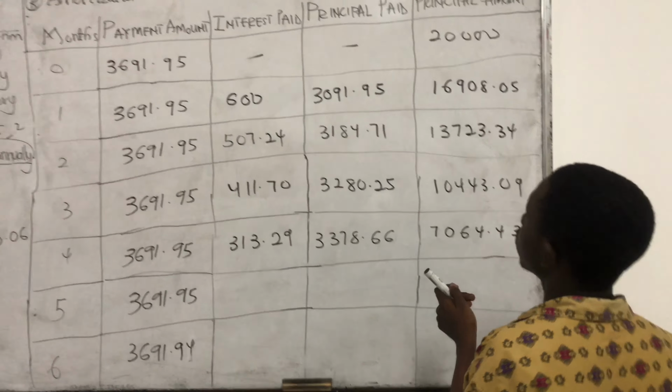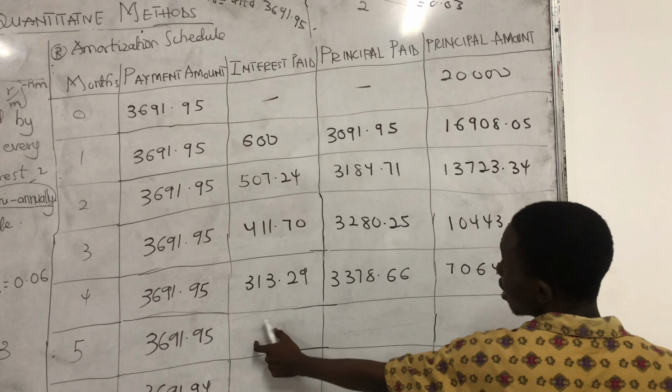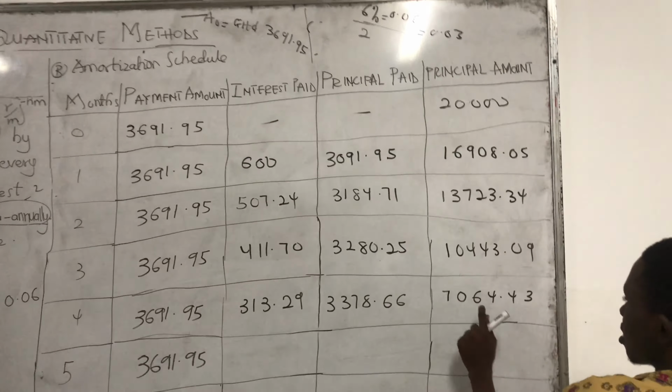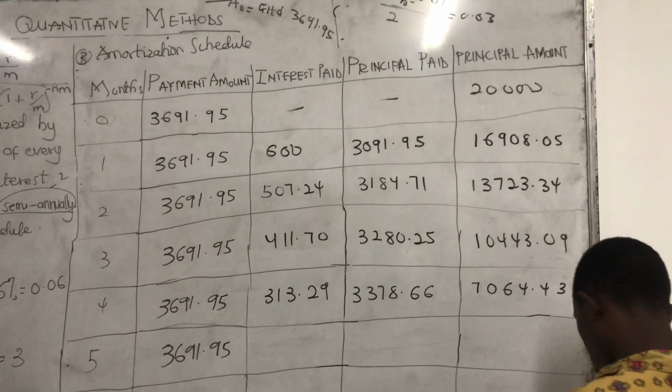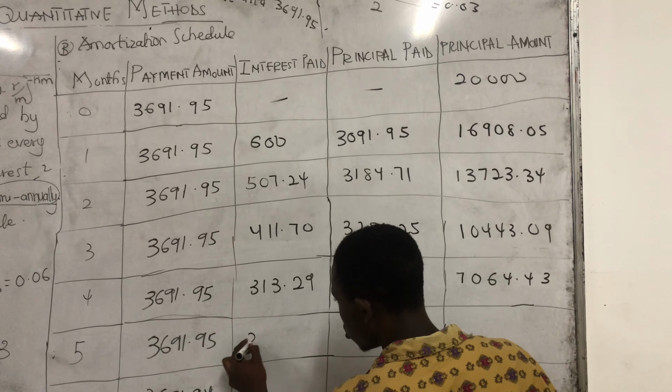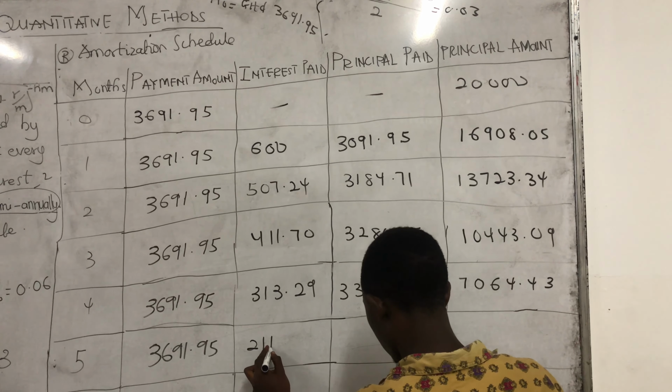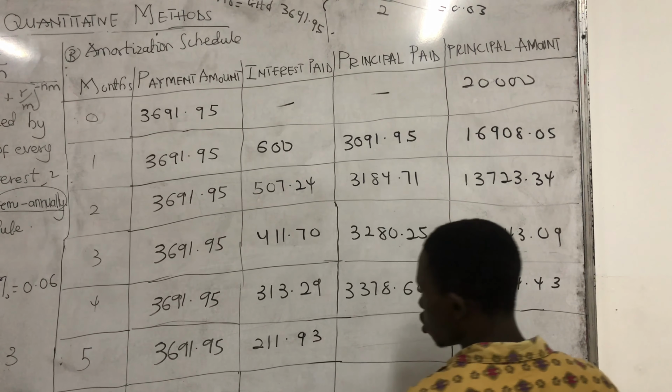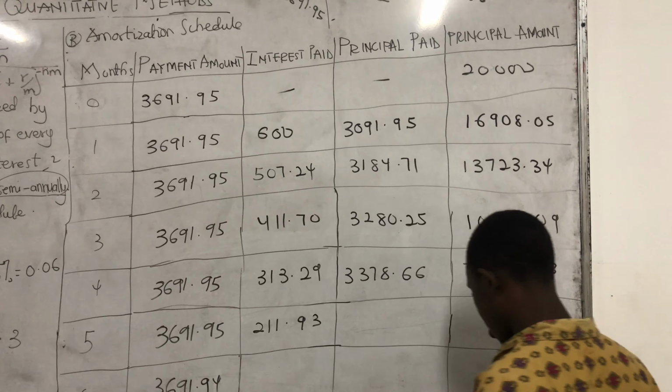The next thing is, if you want to find the interest for month 5, 0.03 times 7064.43, then we get 211.93.